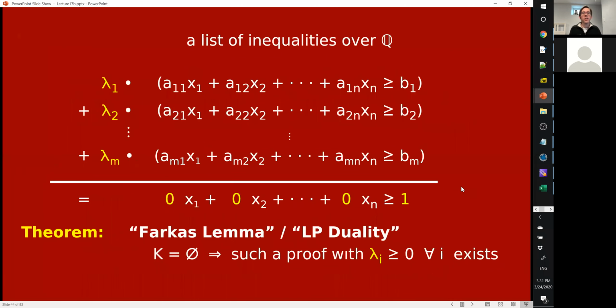Okay, so why is this question of finding the lambdas certifying unsatisfiability of K itself a linear program? Well, let's just look back at the Farkas Lemma, which is here. This is our input data, these inequalities involving the x's and the a's. And the Farkas Lemma says that if K is the empty set, if these are unsatisfiable, there are these non-negative lambdas, which when you multiply them against the inequalities and add everything up, you get 0 greater than or equal to 1.